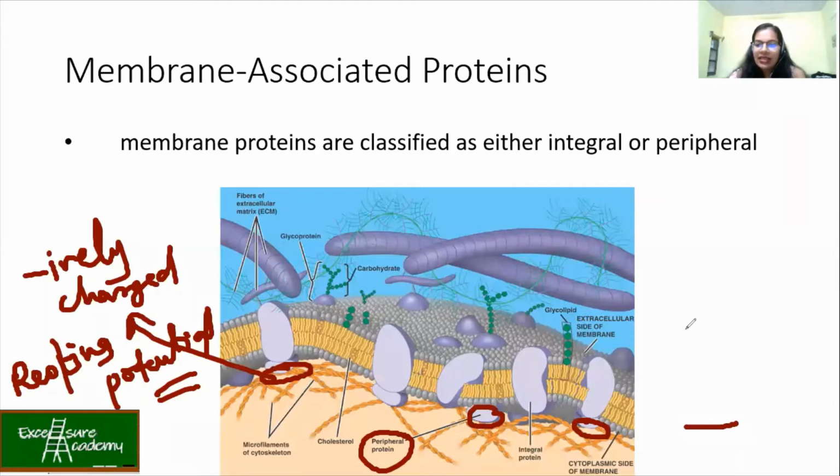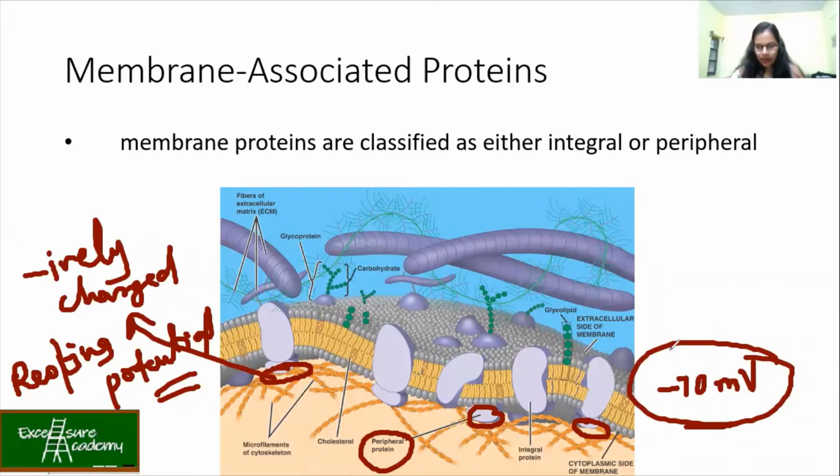So the answer is that the resting potential of membrane is minus 70 millivolt. Okay, please remember, because what we are going to talk about in the upcoming lectures is the membrane potential. So the answer is resting potential is minus 70 millivolt. How they have done this is using a technique called patch clamp technique. This also we'll discuss, don't worry about it.